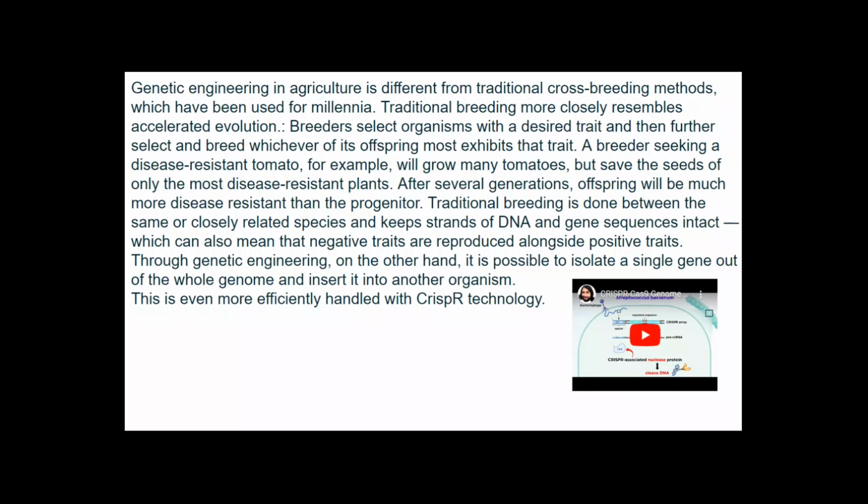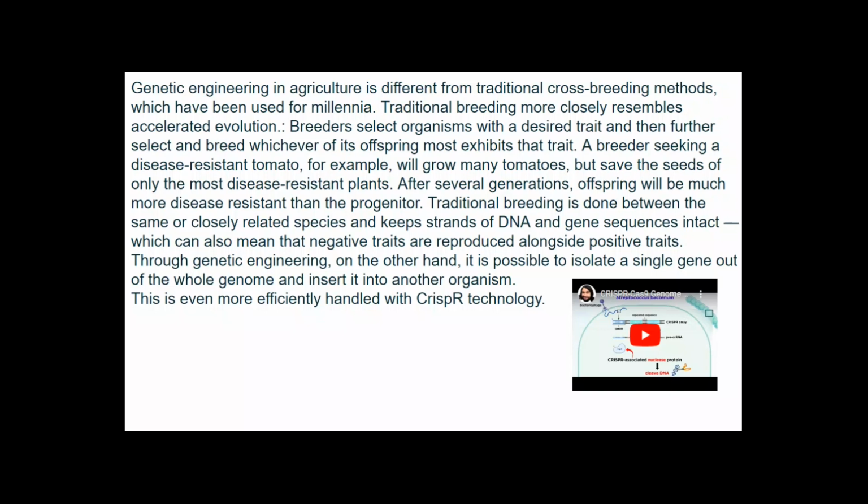So, a breeder seeking a disease-resistant tomato, for example, will grow many tomatoes, but save the seeds of only the most disease-resistant plants. After several generations, offspring will be much more disease-resistant than the progenitor, that's the original organism. Traditional breeding is done between the same or closely related species and keeps strands of DNA and gene sequences intact, which can also mean the negative traits are reproduced alongside positive traits.